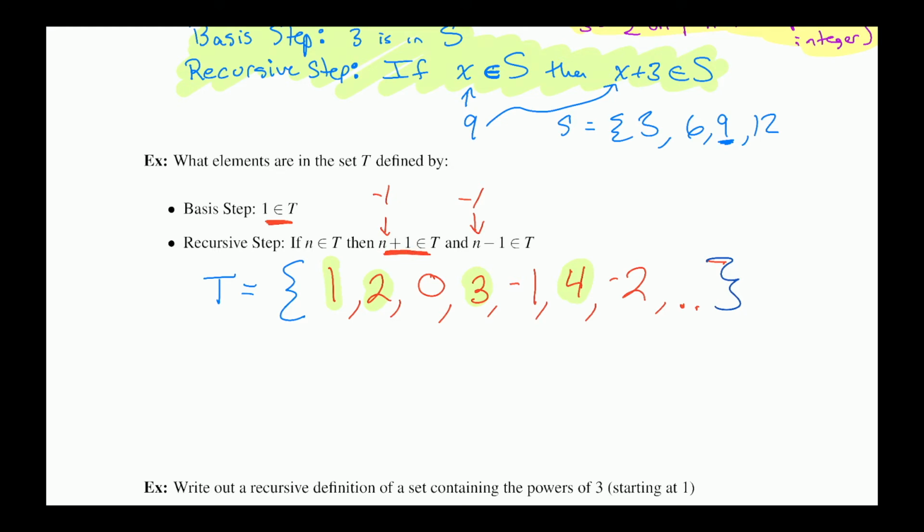Okay. And then also we've got negative numbers, it looks like. Well, we have 0, first of all, 2. But then we have -1, -2. We're going to have a -3 eventually, right? Because if you take -2 and you put it in here, you're going to have -2 minus 1, which is going to be -3. So you're going to have -3.